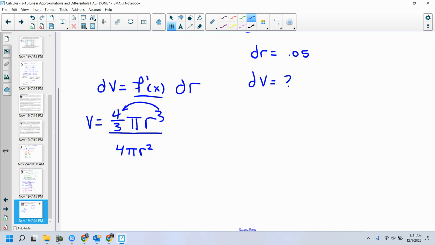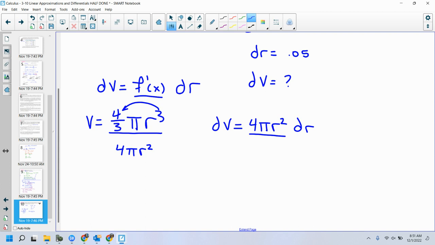So what I'm really saying here is that this is the differential on volume. dV is equal to 4 pi r squared dr. I took f prime x, the derivative of the function, and plugged it back in. 4 pi r squared, which is, crazy enough, the surface area of a sphere formula. Now I can plug that in.